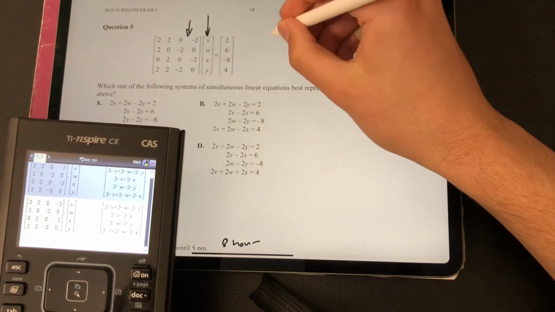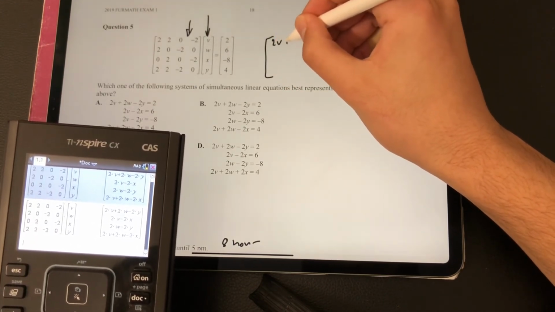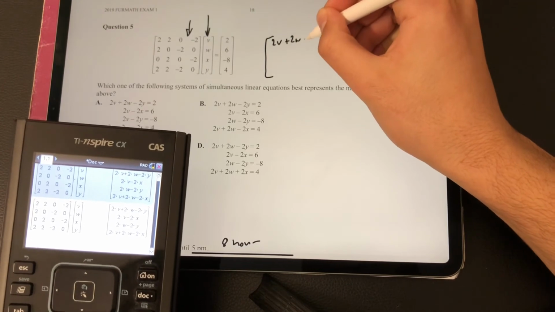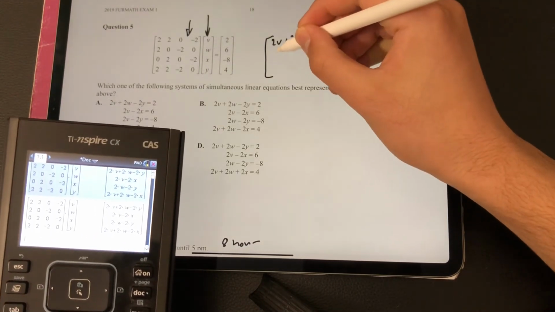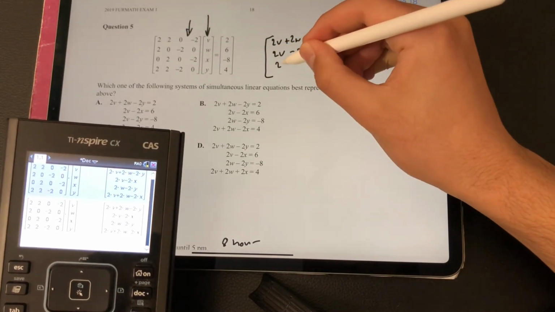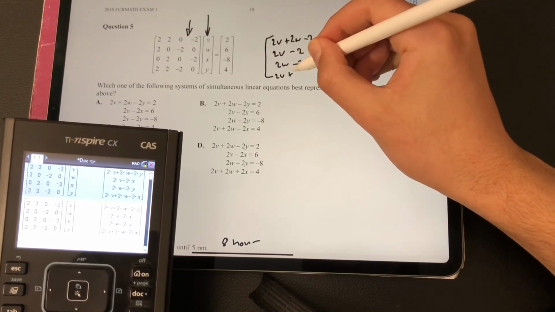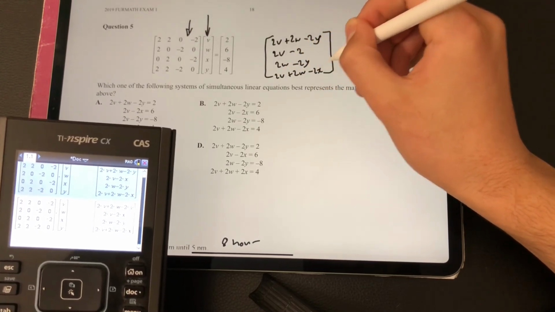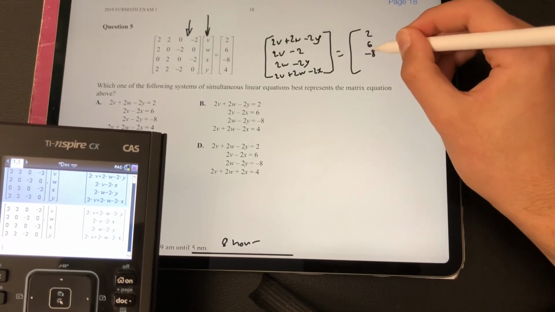So we'll write that matrix over here, which is 2v plus 2w minus 2y, 2v minus 2x, 2w minus 2y, and the last one is 2v plus 2w minus 2x, which equals 2, 6, negative 8, and 4.